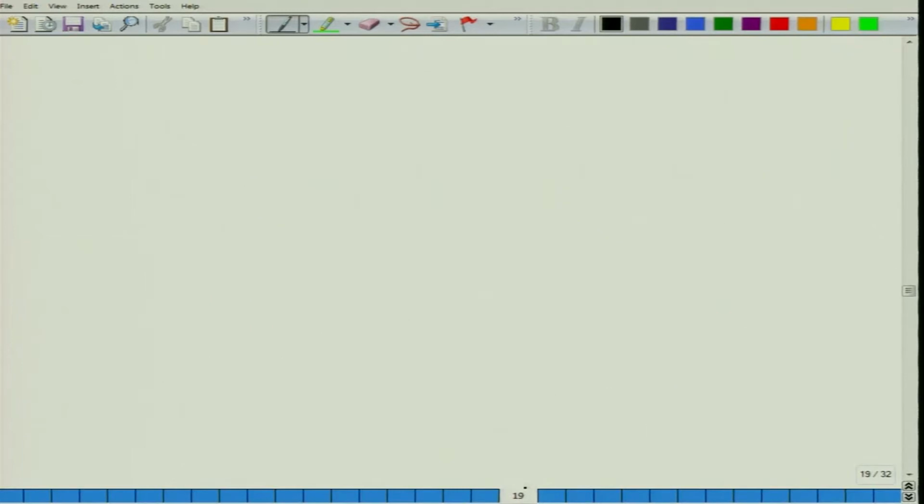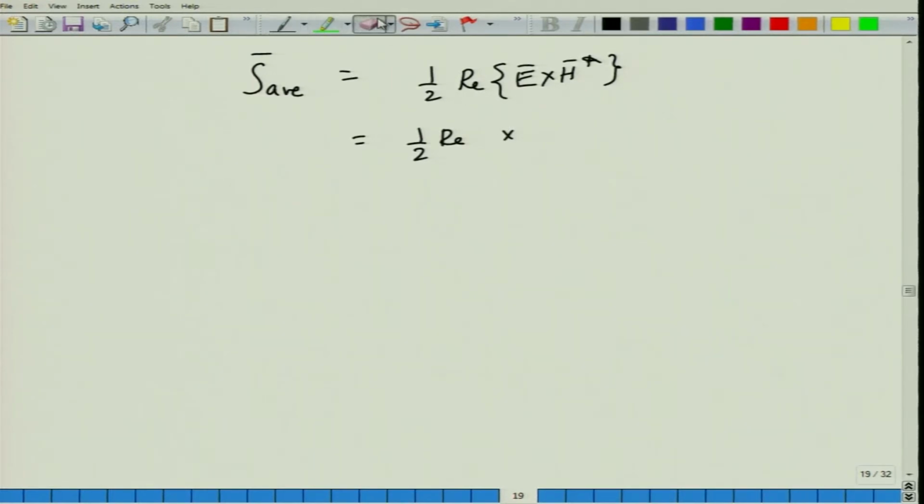Now what is the average Poynting vector density? S average is half of the real part of E cross H complex conjugate. So this is very easy to find out, half of the real part of E cross H phasors. There will be a y phasor coming because of the electric field, cross minus x phasor coming because of the magnetic field.